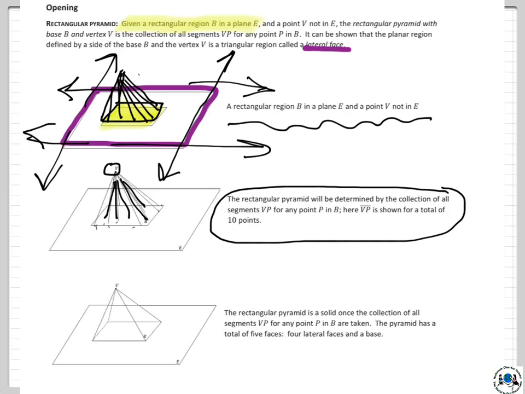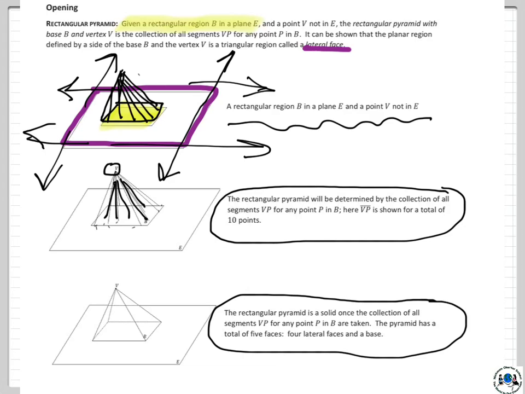Down here it says the rectangular pyramid is a solid once the collection of all segments VP for any point P in B is taken. The pyramid has a total of 5 faces: 4 lateral faces and a base. You can see our lateral faces: there's one, here's a second, the other one over here is our third, and our fourth right there.